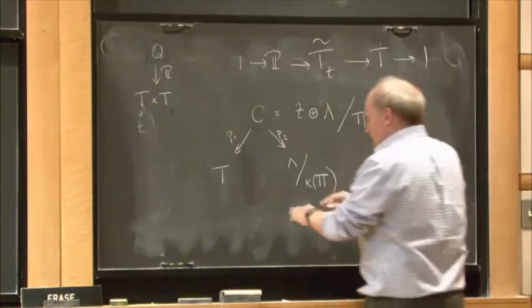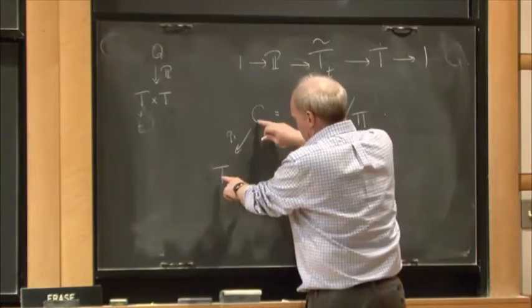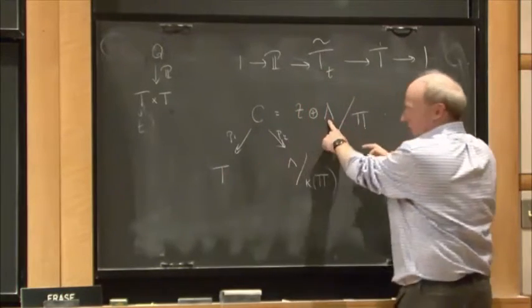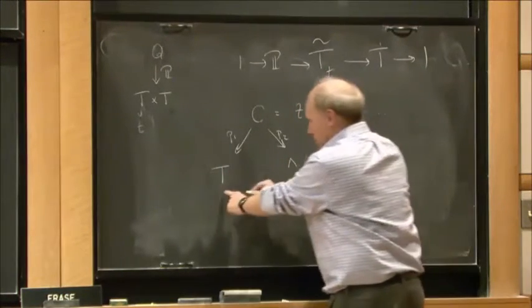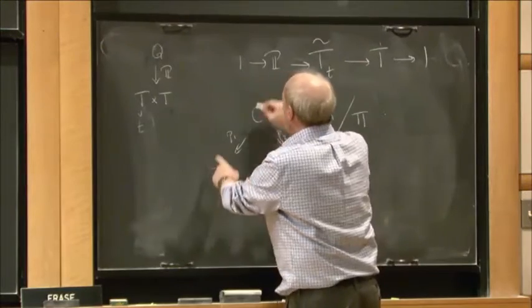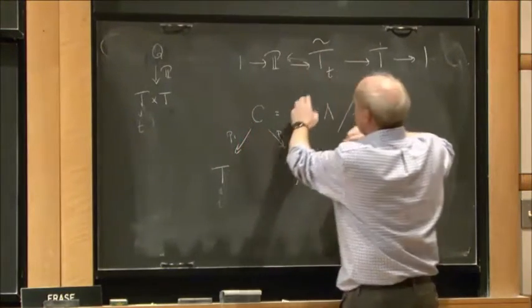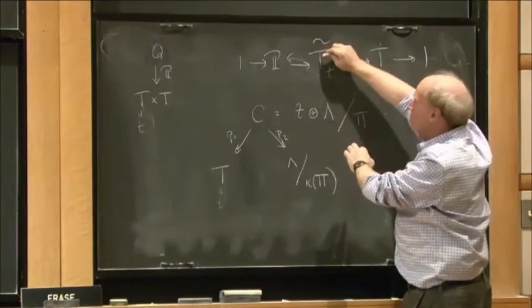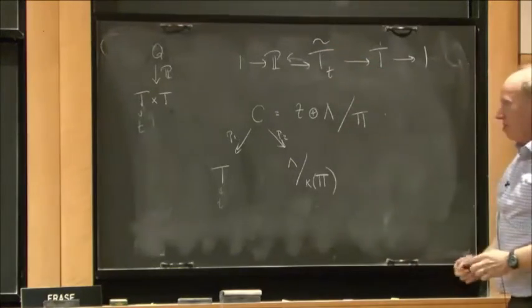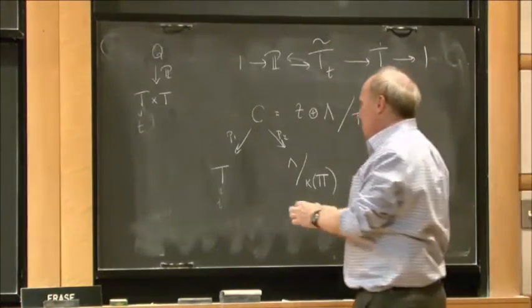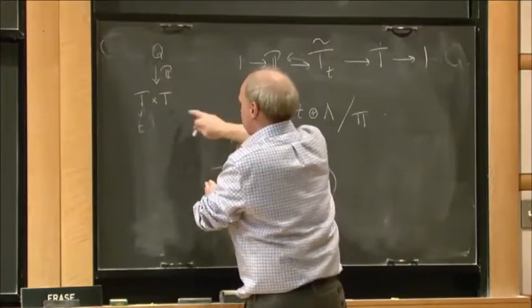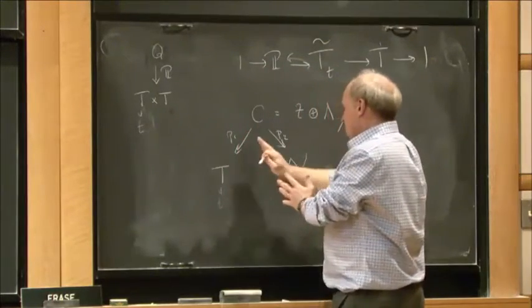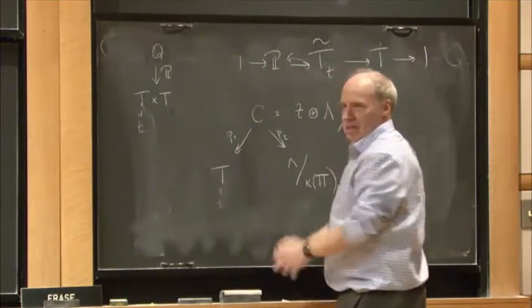So let me just say in words what it is. If I look in this direction, it's a principal bundle with fiber lambda. And the fiber over a point T in here are all the splittings. In other words, they're all the characters, the projective characters of this particular central extension. So before I have the twisting, I would have replaced this by just T cross the characters. But now I have T cross these twisted characters.